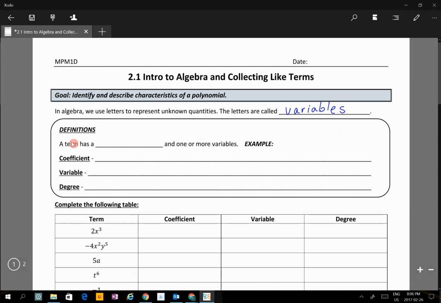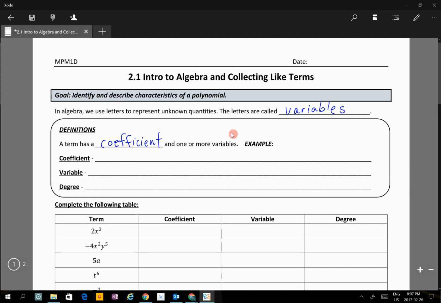Some other definitions that we need to understand. Well, a term. Next we're going to use this word called a term very often. A term has a coefficient and one or more variables.